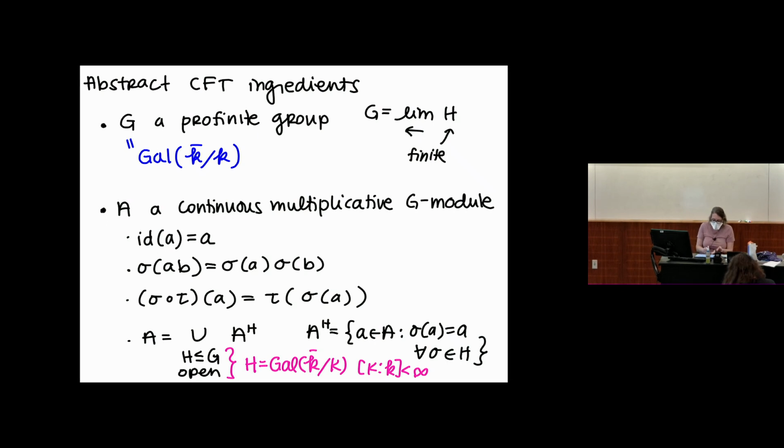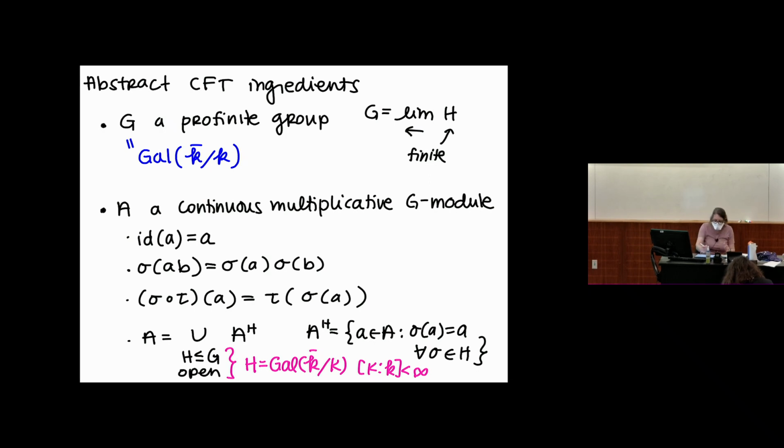Just like the separable closure is built out of finite extensions of little k, it's an infinite extension, but made of all finite things that are getting bigger and bigger. You also want your set A on which G is acting to be built out of the fixed fields of finite extensions of your base field little k.